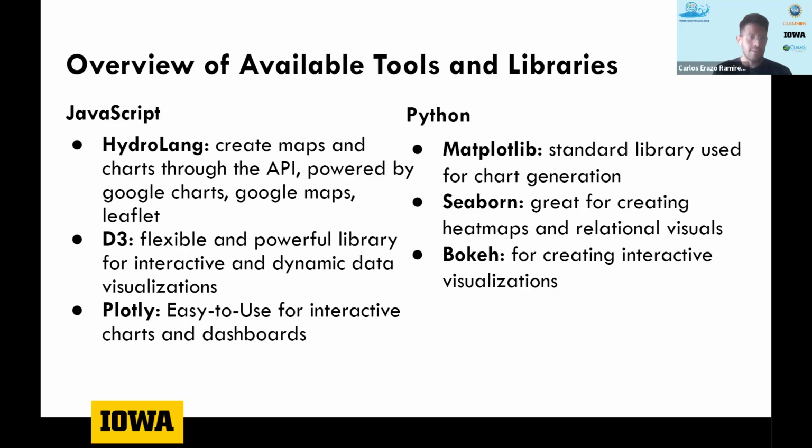It has, through its API, two different visualization modules. The first one is Visualize, which gives you access to Google Charts. Google Charts itself has tables and different types of charts, so histograms, line charts, scatter plots, all of those.